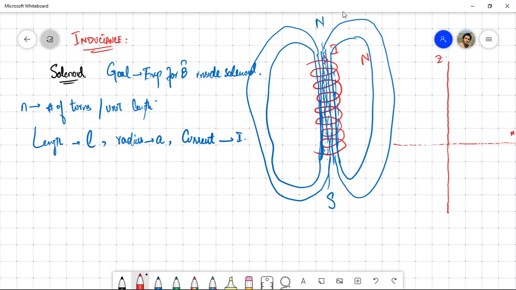We are looking at this solenoid just like we are looking at our screen right now. So we're looking towards the screen, and we are trying to depict the direction of flow of current. These circles are showing the turns.